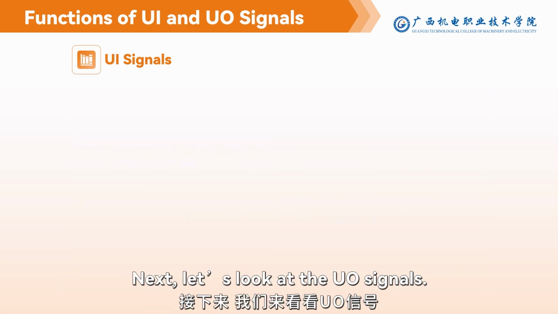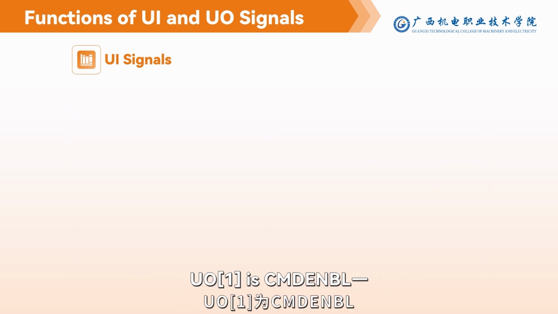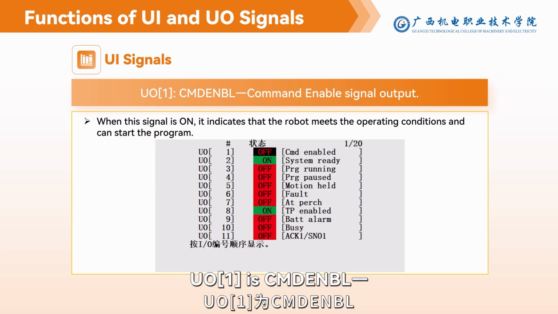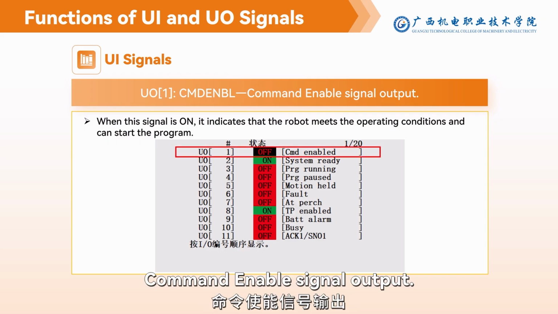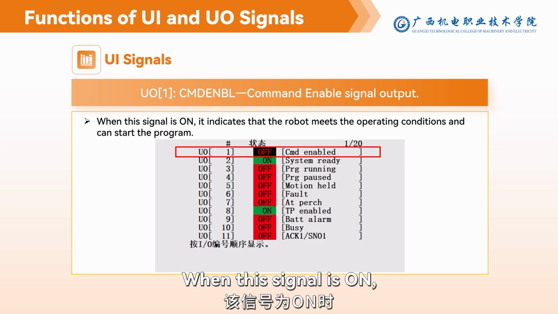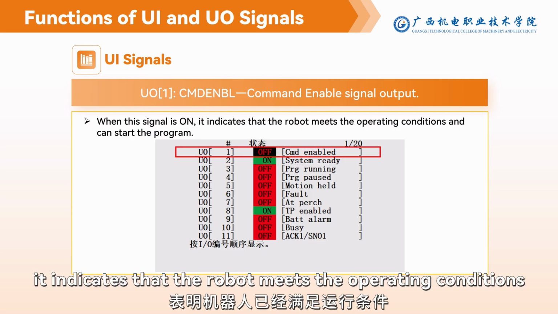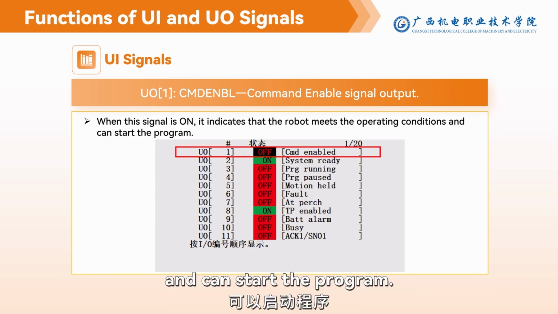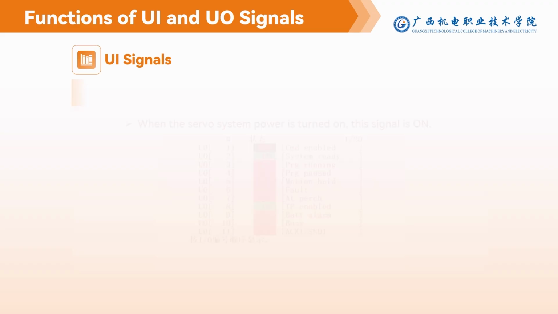Next, let's look at the UO signals. UO1 is CMD ENBL, the Command Enable signal output. When this signal is on, it indicates that the robot meets the operating conditions and can start the program.